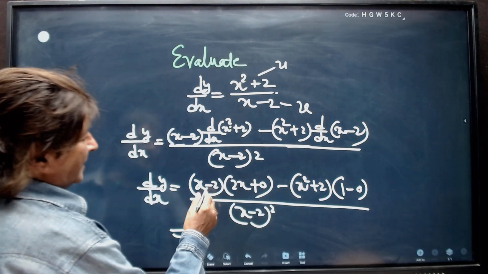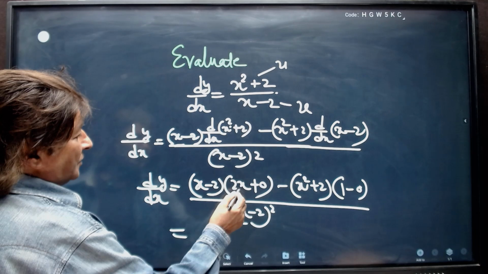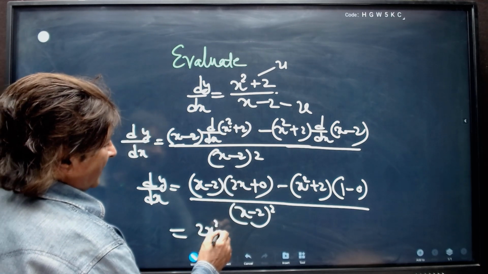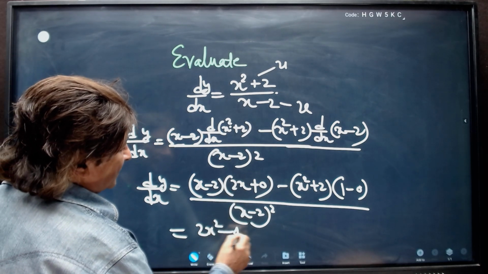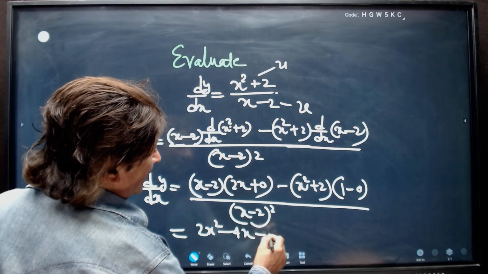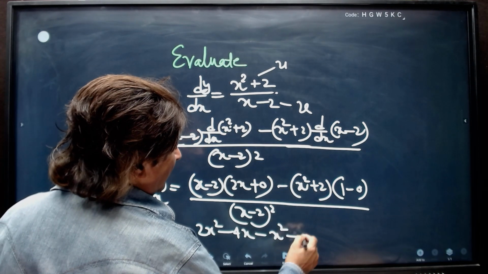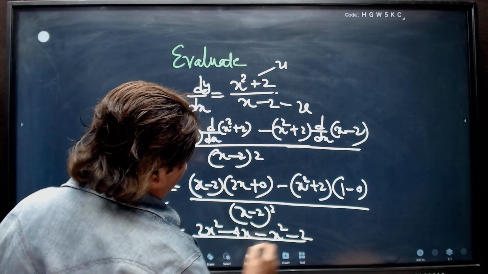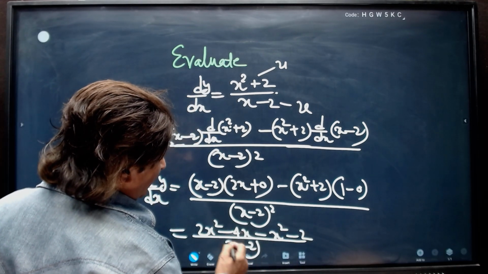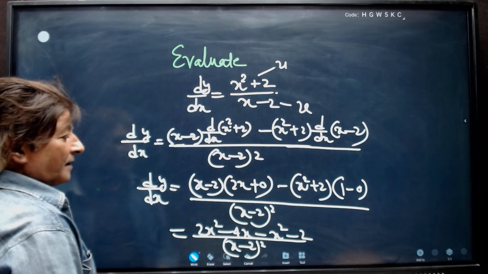Now what did this become? x minus 2 into 2x, 2x square minus 4x, minus x square plus 2 into 1, divided by x minus 2 whole square.